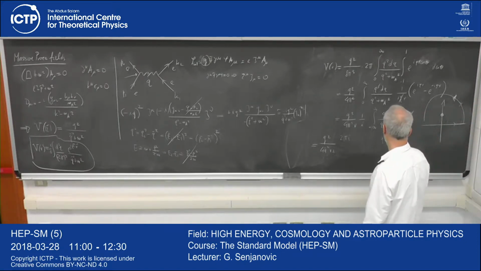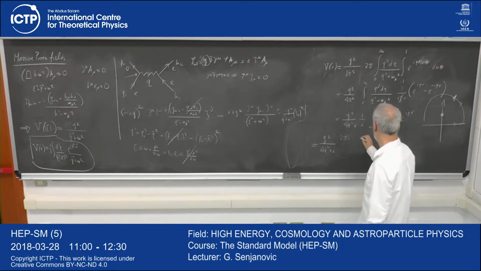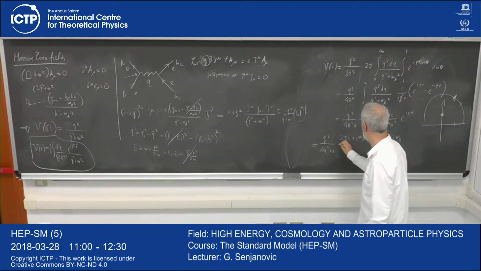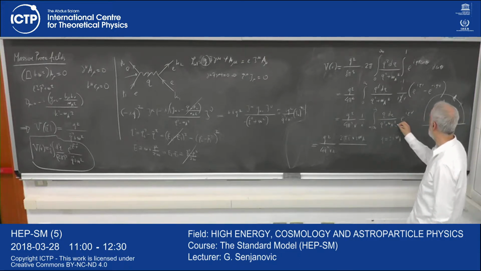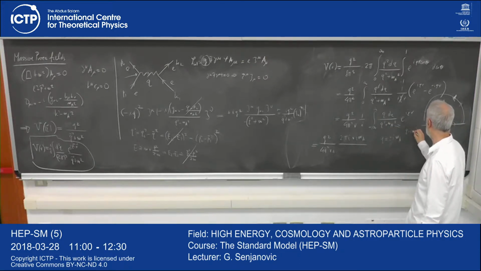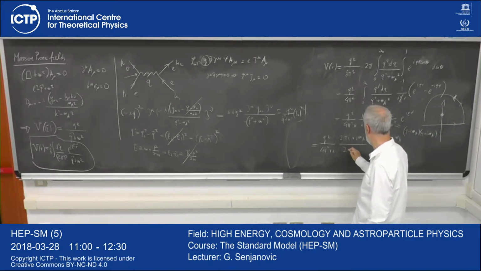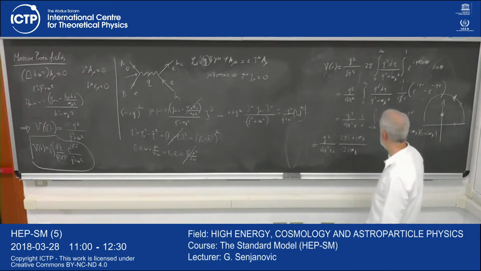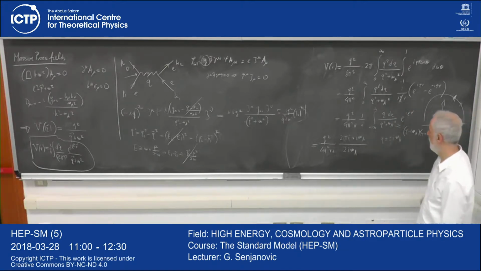I will get 2 pi i, with q becoming i ma, and this is q minus i ma, q plus i ma. So I'm killing the first pole, and I get 2 i ma from this contribution. What happens?